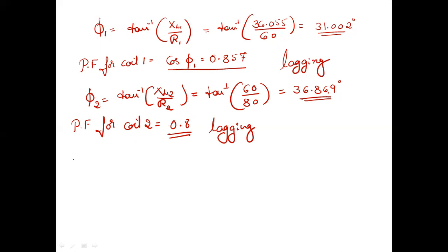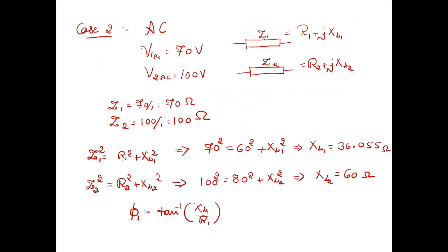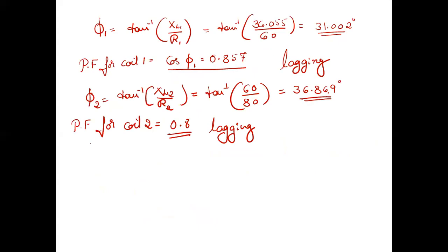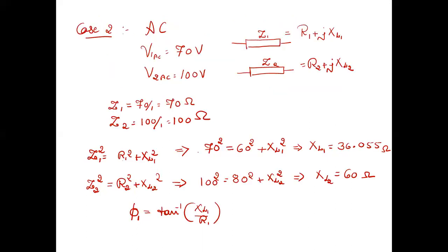Okay, now we have to find the power factor for overall current and applied voltage. How to do that? Both the coils are in series. So total impedance is equal to Z1 plus Z2, or let me just write the complex quantities.